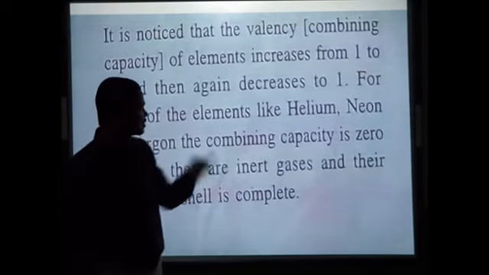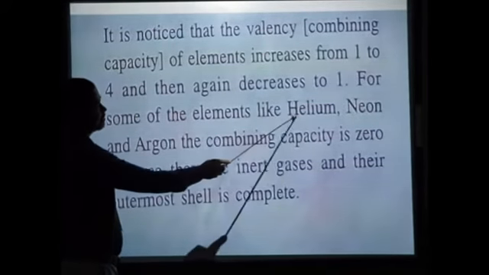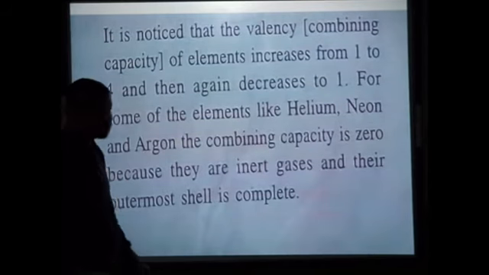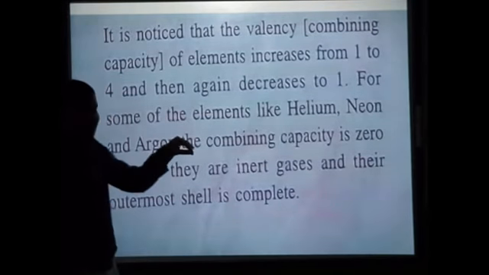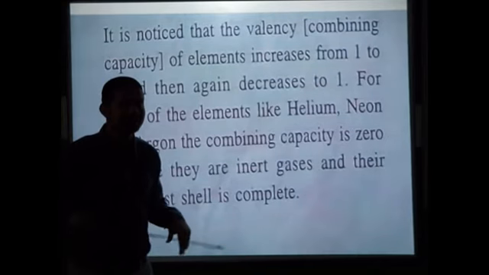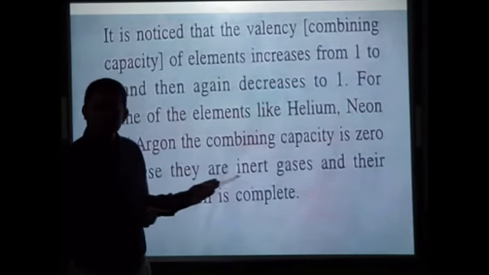Again it decreases. For helium, neon and argon, the combining capacity is 0. Why do these elements not combine with other elements? It is because they are already stable.